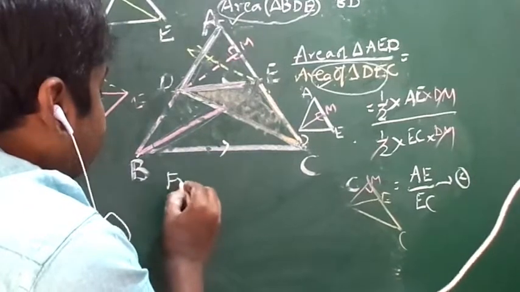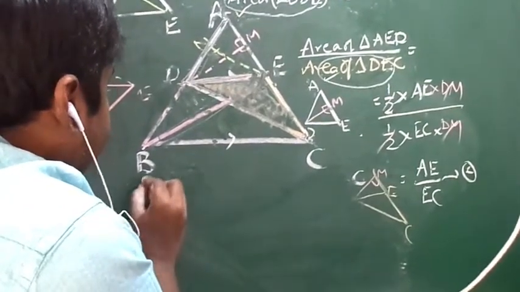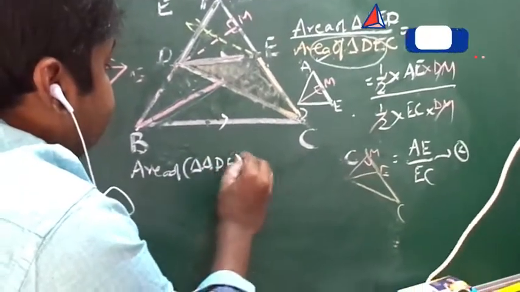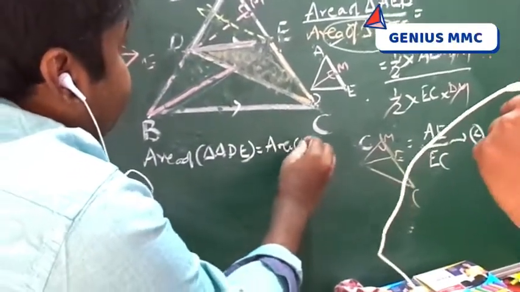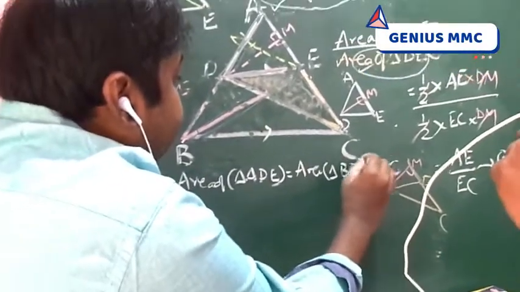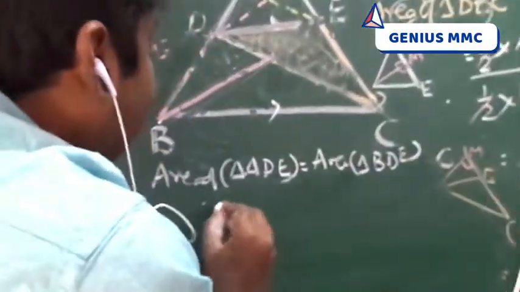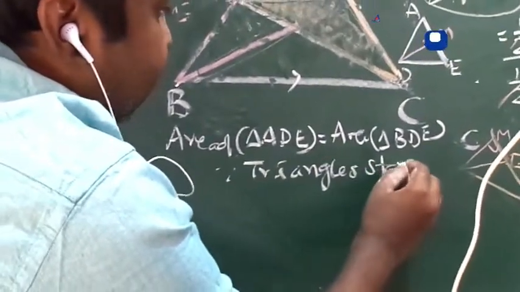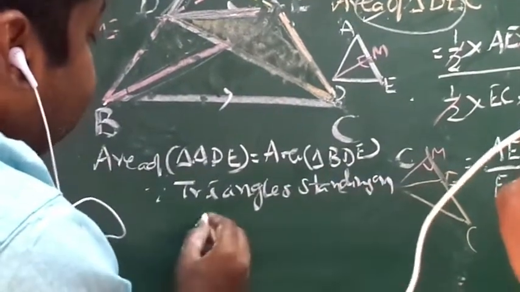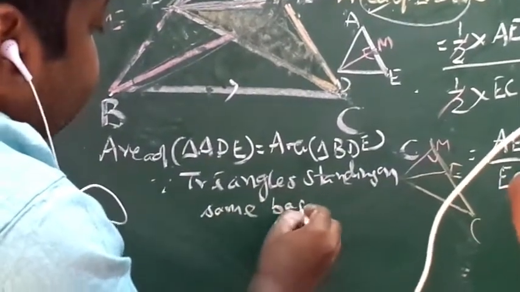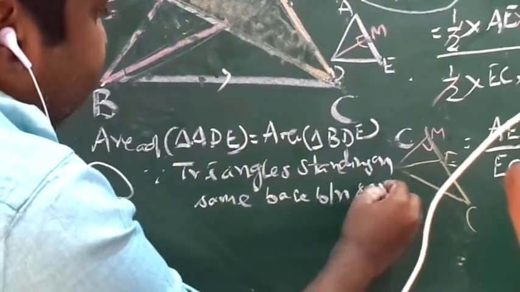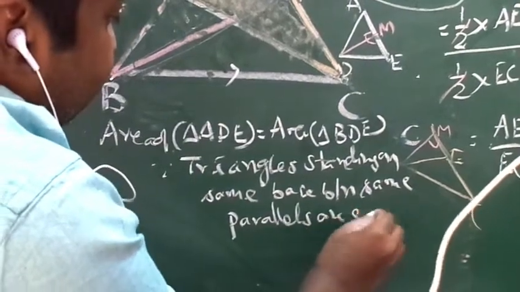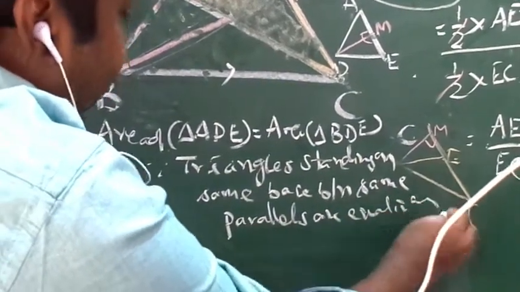So you write: area of triangle ADE equals area of triangle BDE. In the reason part, you write down: triangles standing on the same base between the same parallels are equal in area.